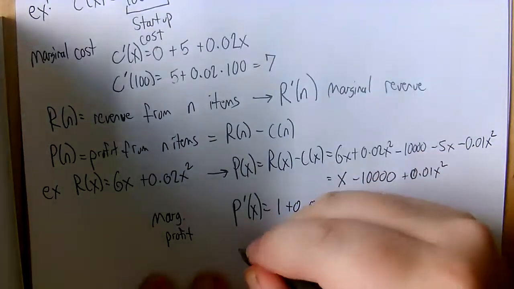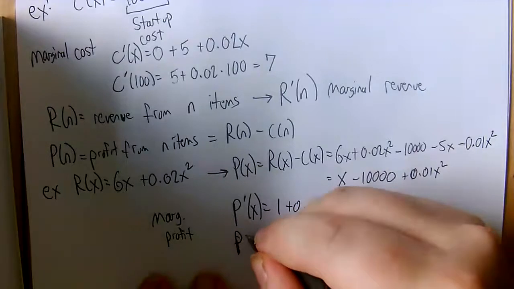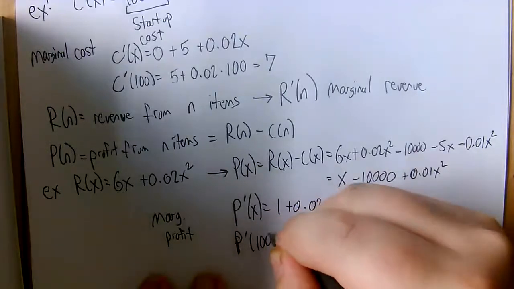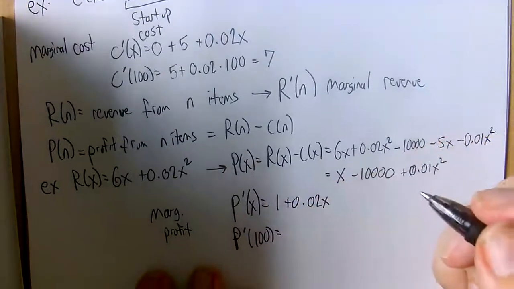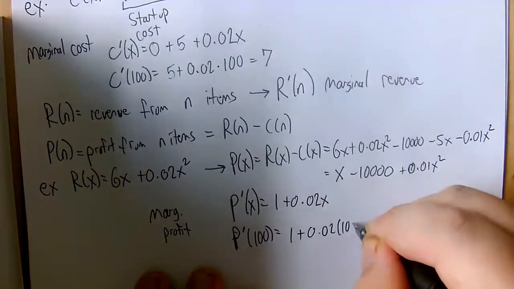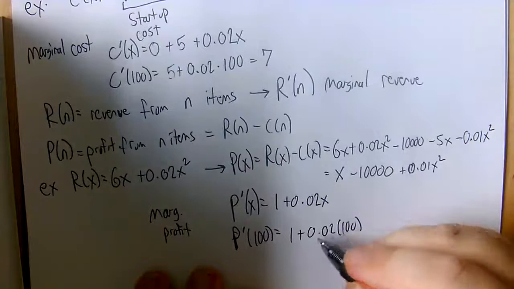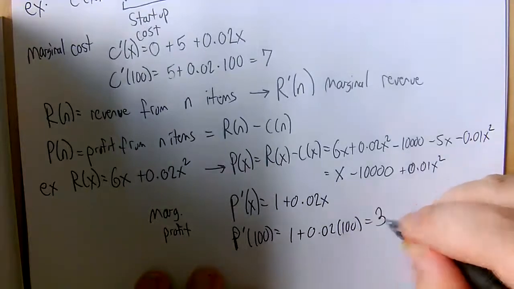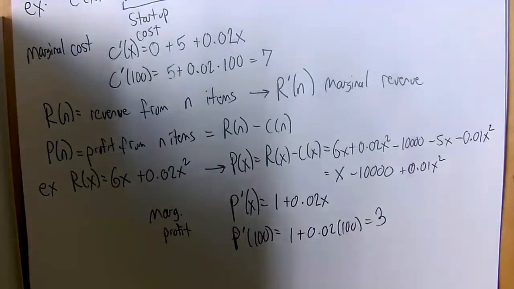So for example, if we want to estimate how much profit we will make by selling one item when we're already selling 100, we do 1 plus 0.02 times 100. These will again be 2, so we'll end up with 3. So even after taking costs into account, we'll be making $3 per item once we've already sold 100. Now that will probably be lower in the beginning.